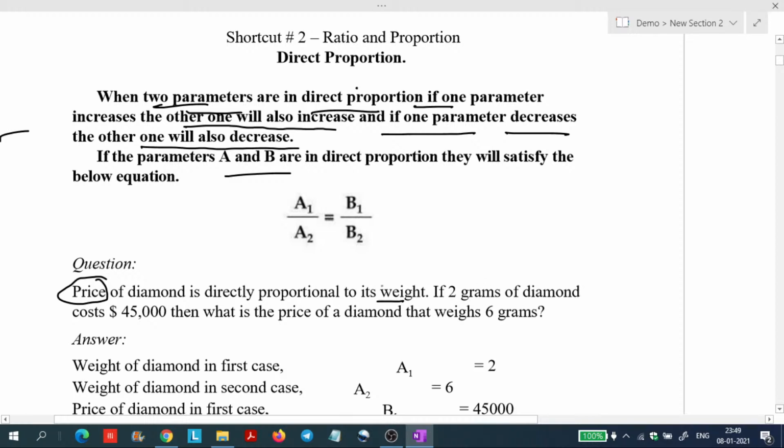The price of a diamond is directly proportional to its weight. If 2 grams of diamond costs $45,000, then what is the price of the diamond that weighs 6 grams?